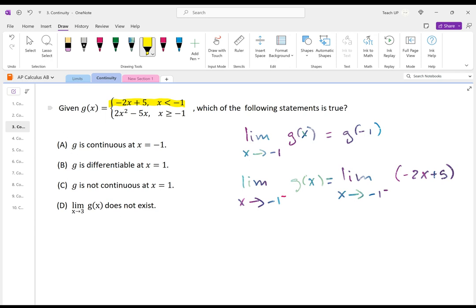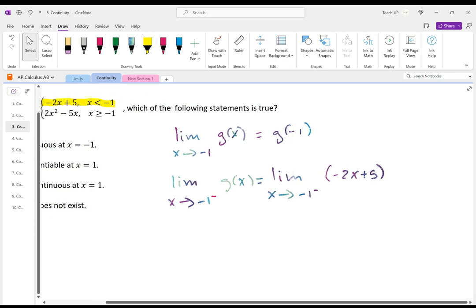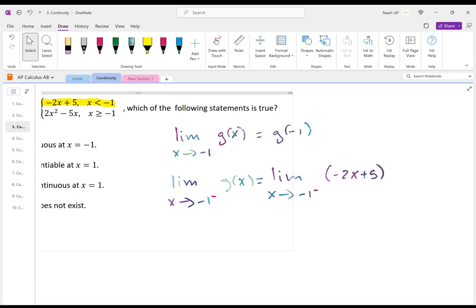Now we know linear functions in general are continuous, so the only problem in terms of the function not being continuous would be at that point where the function changes from a linear function to a quadratic function. In general, the quadratic function is also continuous, but we're just going to check at that borderline, at x equals negative 1, what's happening.